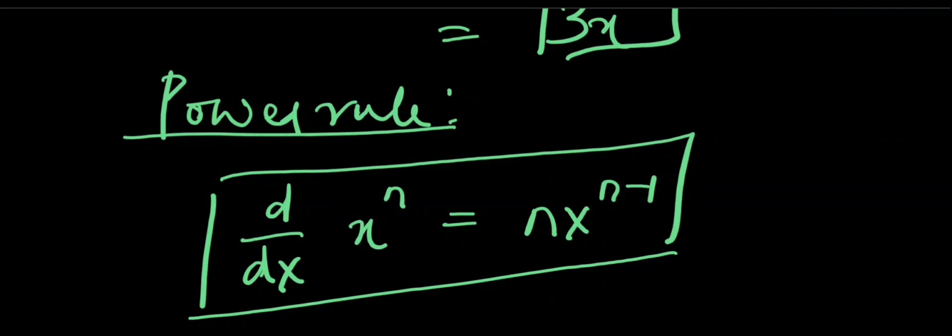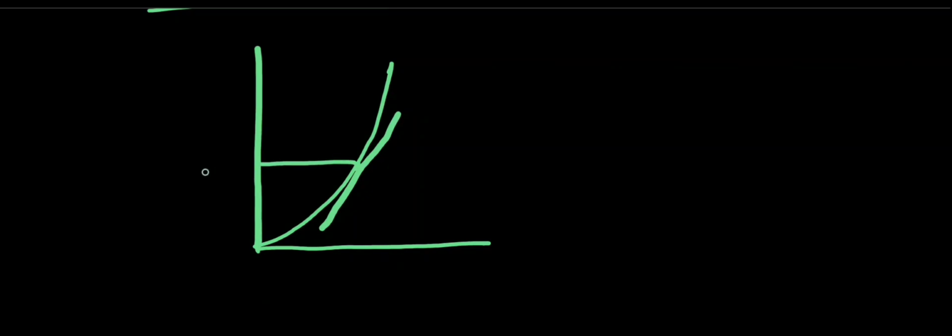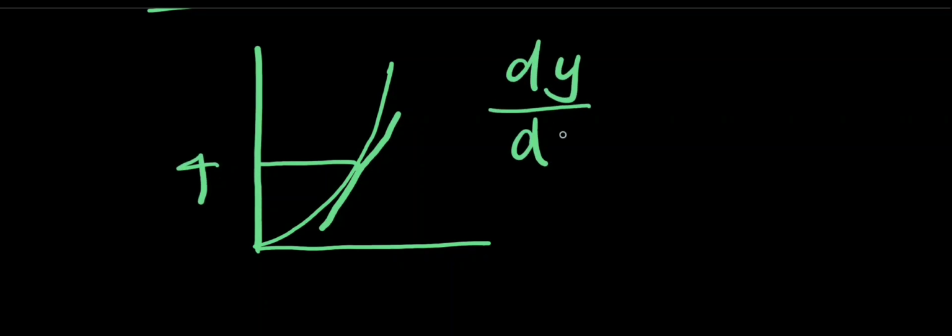Okay, now suppose we have a slope of a curve at this point, and the y value here is, suppose, 4. How would you find the derivative of y? Alright, what do you think this would be?